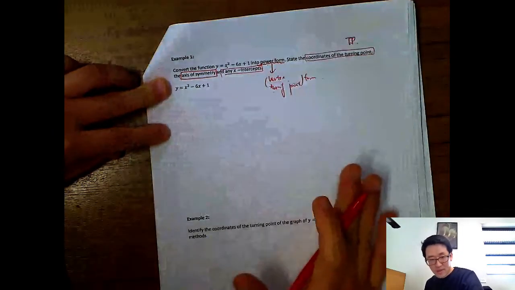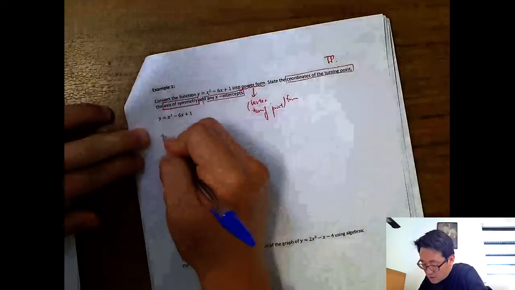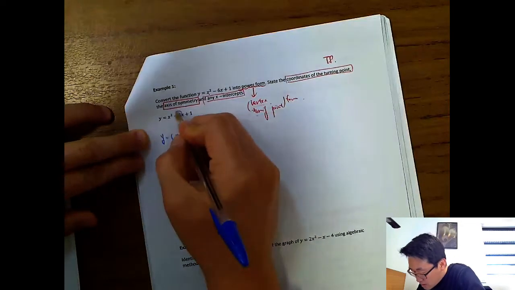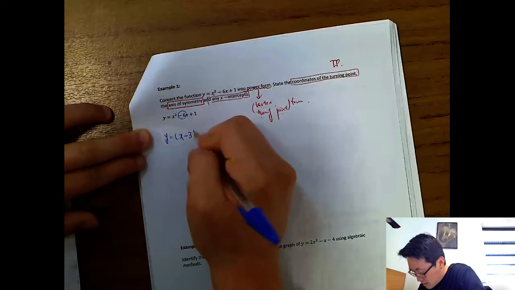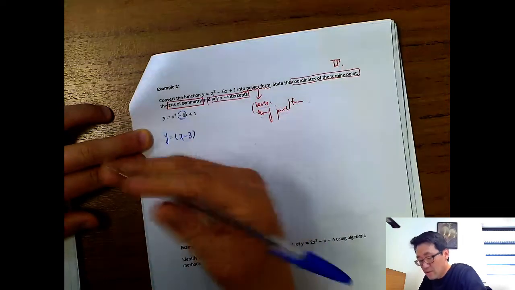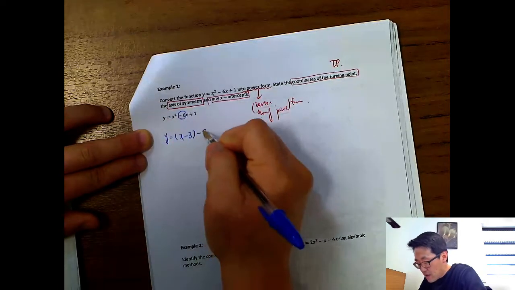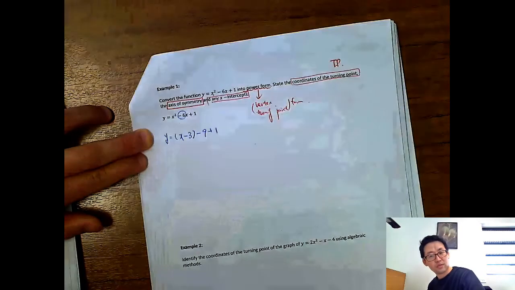Well, I think we can just draw the whole thing. We'll just practice. In this case, y equals x squared. What is half of -6? -3. So x minus 3 squared, minus 9, plus 1. Do you remember that?